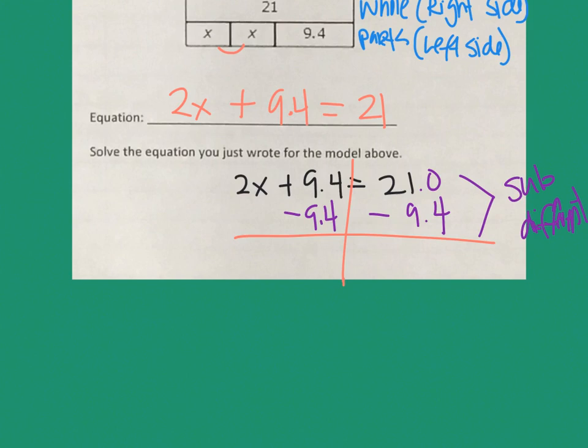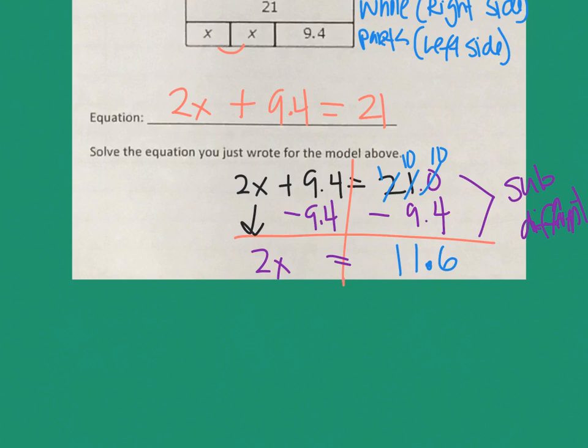And I need to borrow. 10 minus 4 is 6. Need to borrow again. 10 minus 9 is 1. Bring my decimal down and then bring down my next one. Okay, then I can bring down my 2x. So now it says 2x equals 11.6.